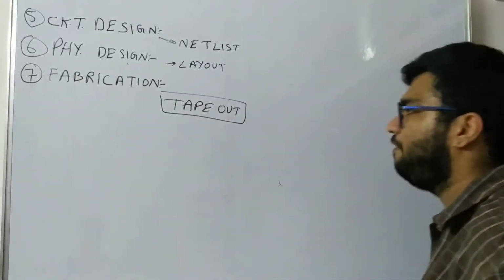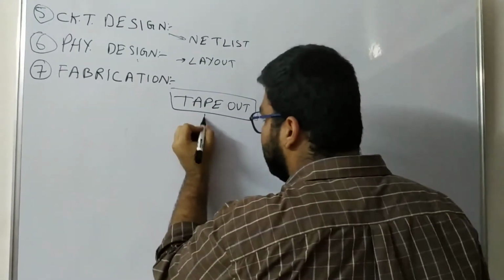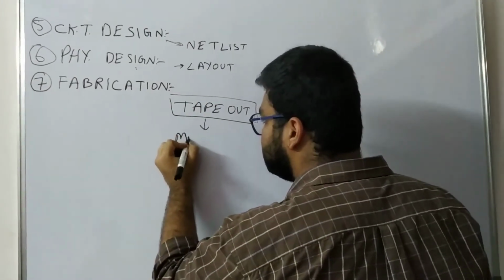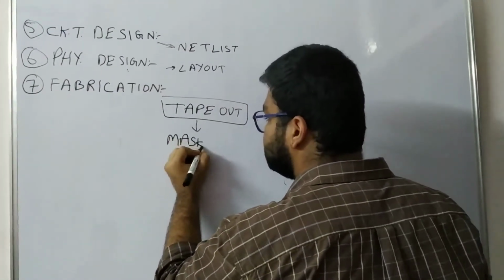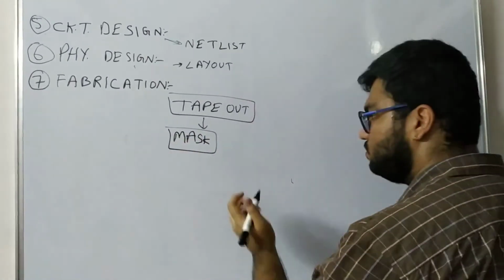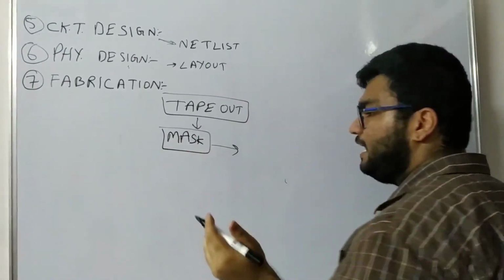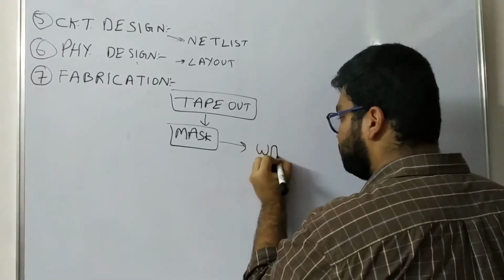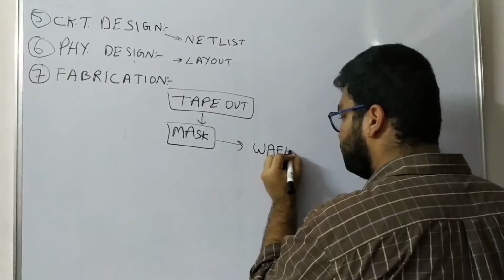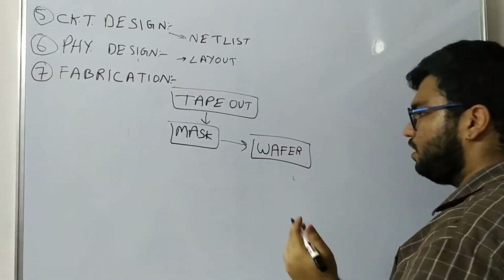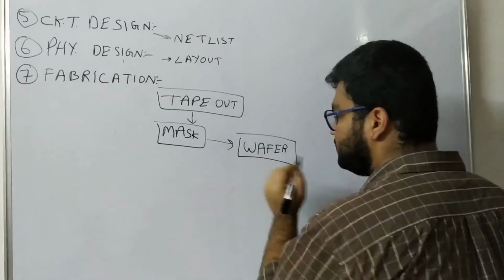What happens after this tape out? The data which is released from the tape is converted into a mask. What does this mask do? It will identify spaces on a wafer. Before going into what the mask does, we will see what this wafer is.